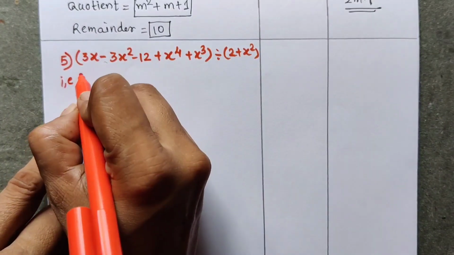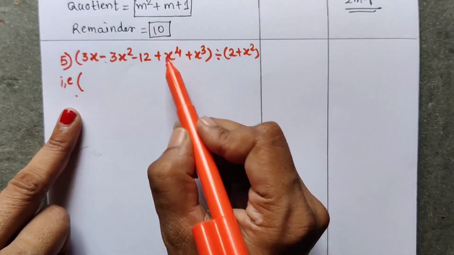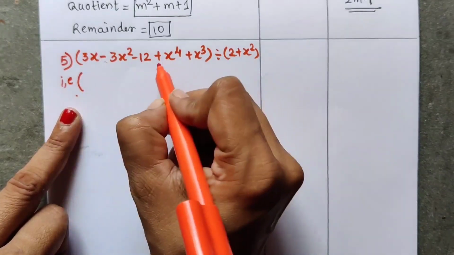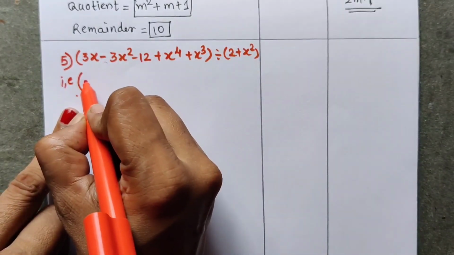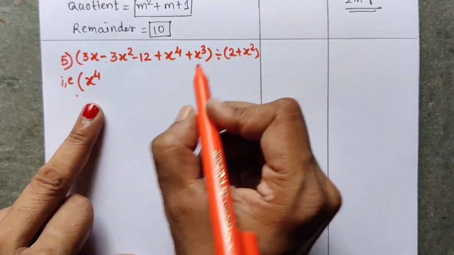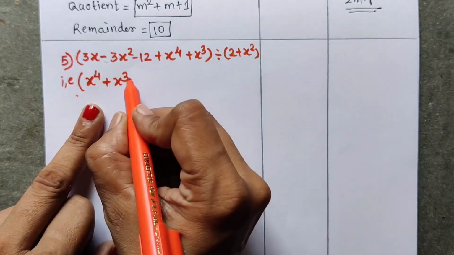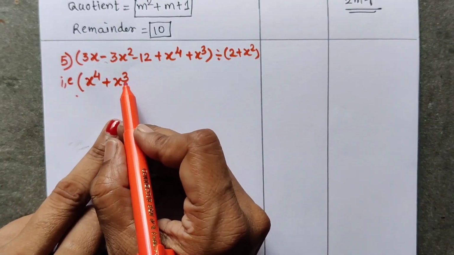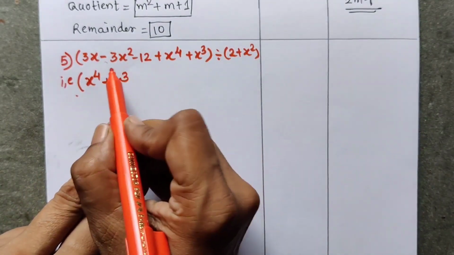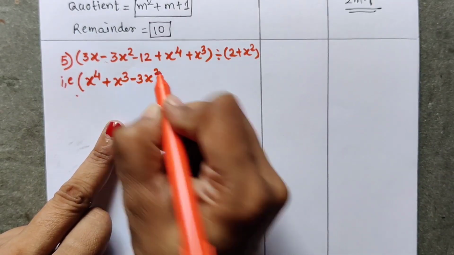First there should be the term which is having the greatest index. As you all can see, x raised to 4 is the term having the greatest index, plus x raised to 4 is there, so we don't put the sign here. After x raised to 4 there should be x cube, so plus x cube is there. After 3 there should be x square term, so there is minus 3x square, so write minus 3x square.